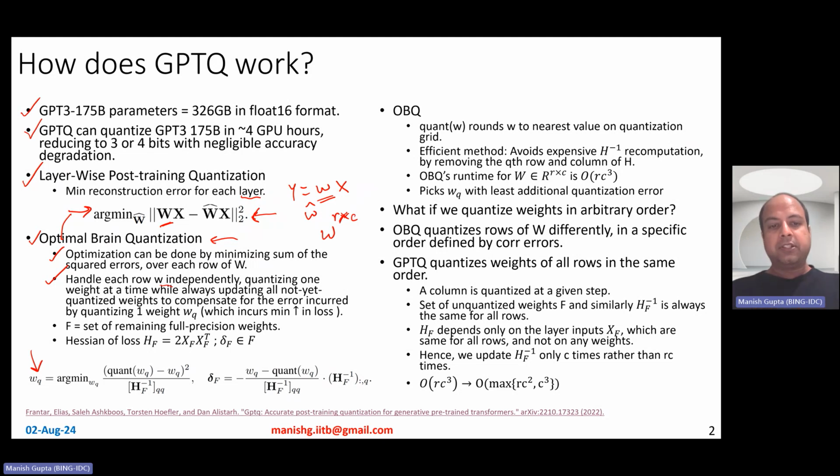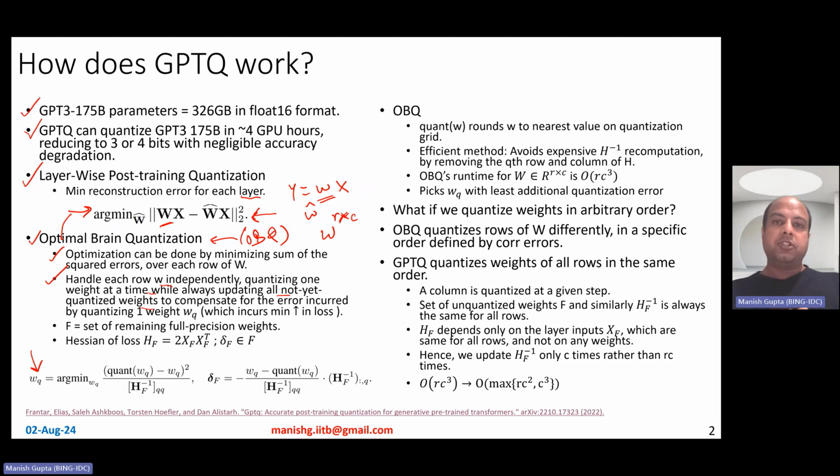This method is called OBQ. It handles each row of the weight matrix independently, and quantizes one weight at a time while updating all not-yet-quantized weights to compensate for the error.